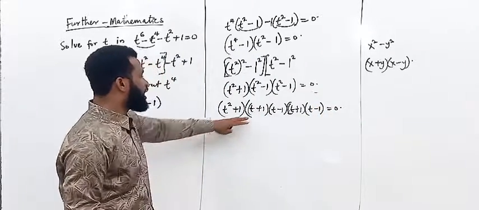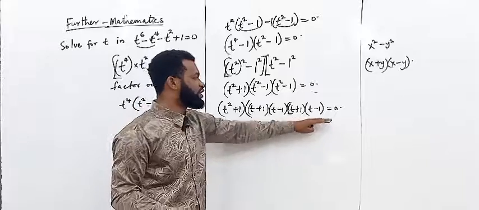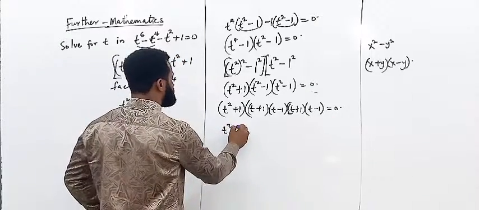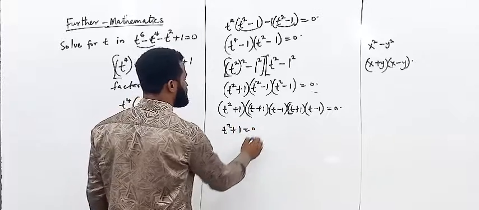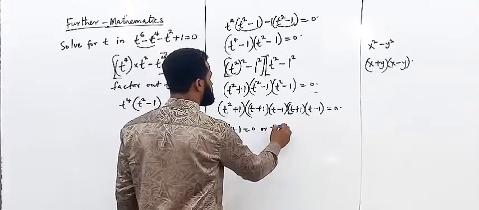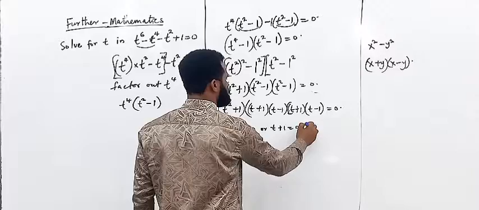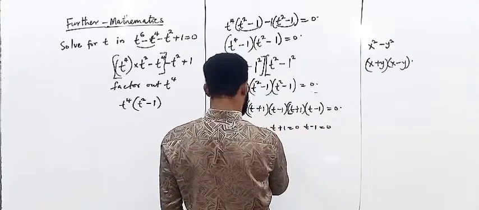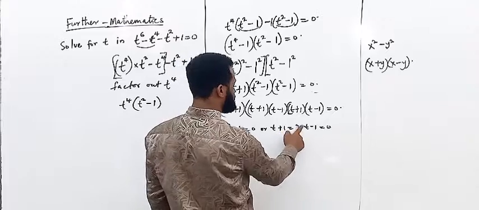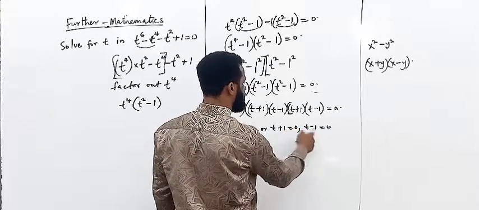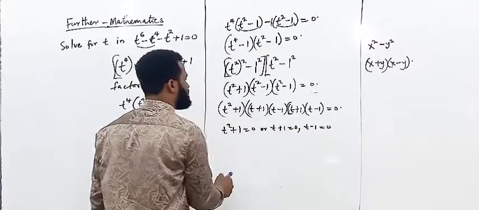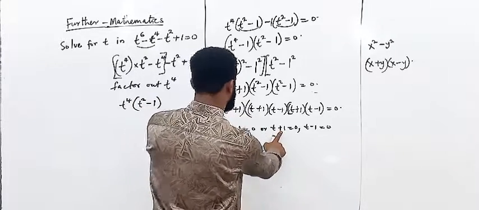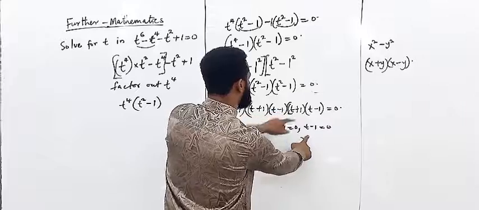If this times this times this times this times this equal to 0, it simply means that t squared plus 1 is equal to 0, or t plus 1 equal to 0, or t minus 1 equal to 0. I have done for this, I have done for this, I have done for this.